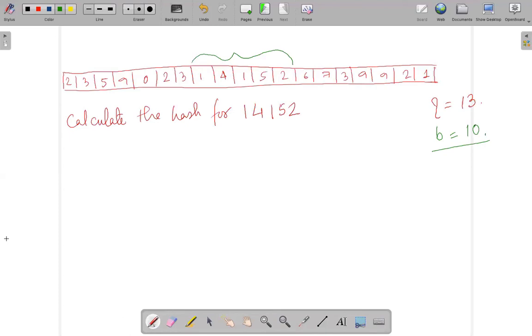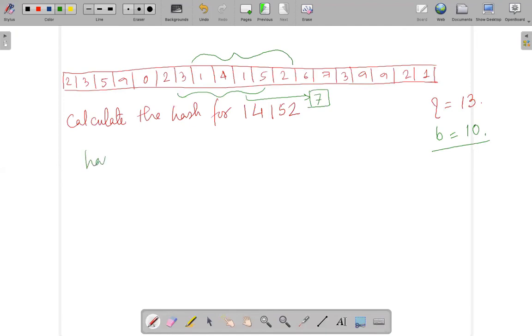If I tell you that the hash of 31415 is given to be 7, it would be very easy for you to compute the hash of 14152. Okay. So let us see explicitly.